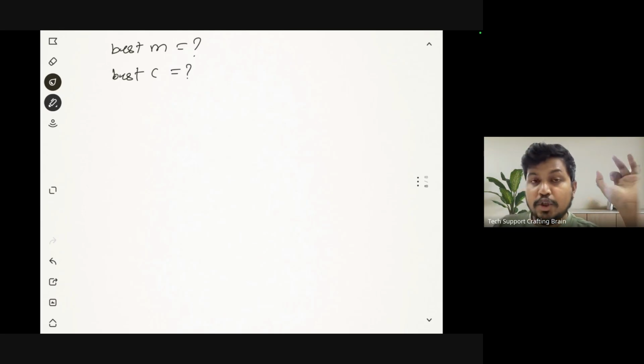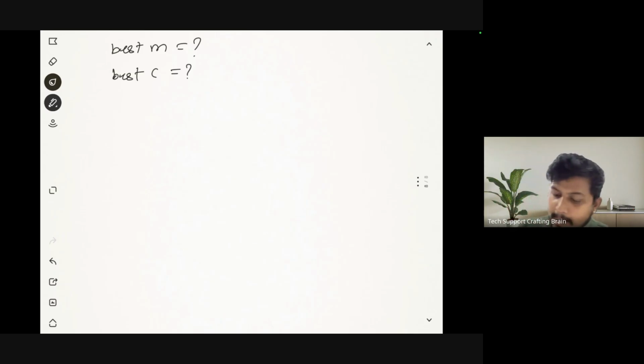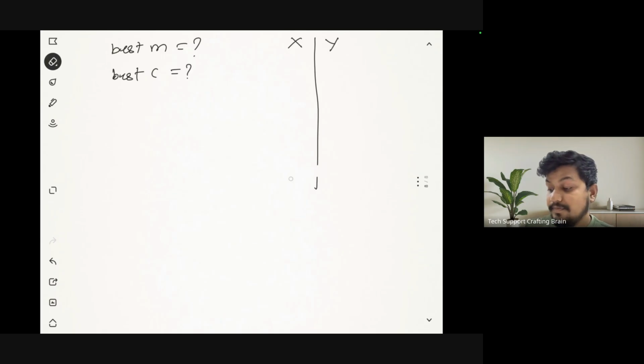Okay. So now what I'm going to do, guys, just try to see this. I'm going to take this X value and this Y value. And I'm going to take one more data point, and there is a reason.